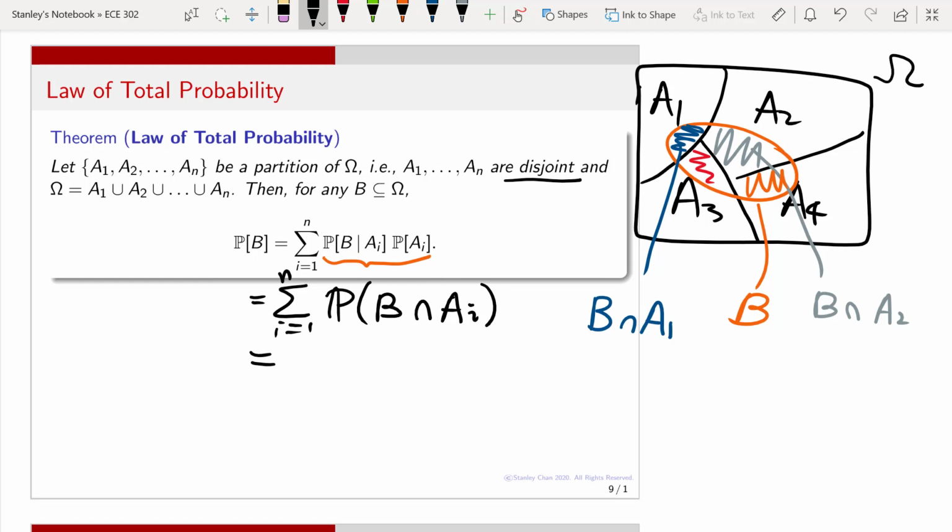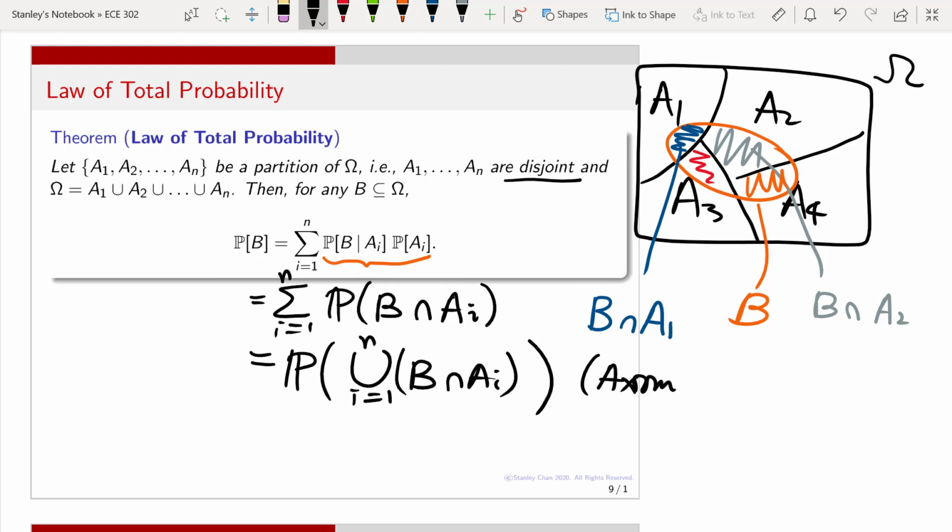Notice that these intersections are disjoint because by construction, all the Ai's are disjoint, and therefore B intersecting with Ai is still disjoint. And so now you're summing many probabilities of disjoint events, and according to axiom number 3, this is the union of all the B intersecting with Ai. This is axiom 3.